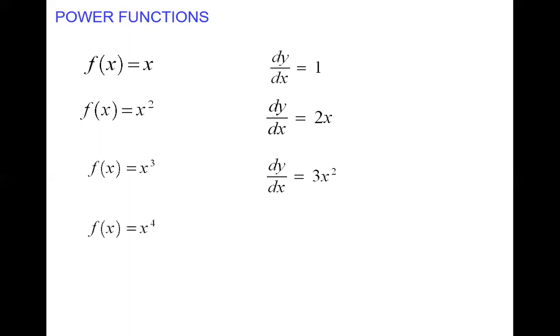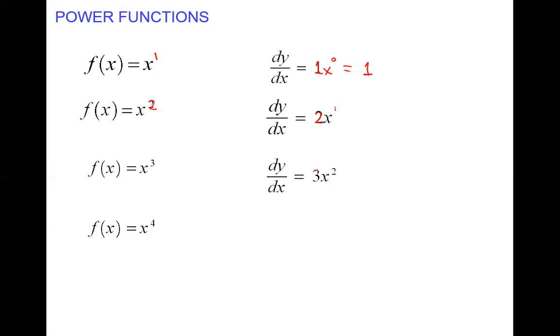Now I think we didn't do x to the power of 4, but based on these values, based on these functions, I hope we can see the pattern. If x is taken to the power of 1, the derivative is 1, and I can write maybe x to the power of 0. Of course it's 1, but I would like to see the pattern of the formula. Now, if we have x to the power of 2, the 2 becomes a coefficient, and the exponent is 1 less.